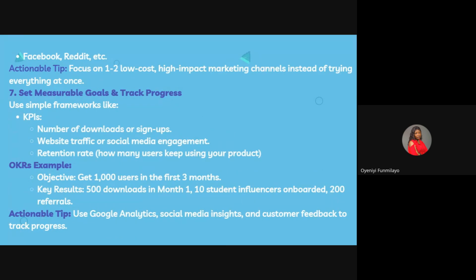It is to focus on one to two low-cost, high-impact marketing channels, instead of trying to do everything at once. I don't know if you've noticed it, but let me just use content creators as an instance.